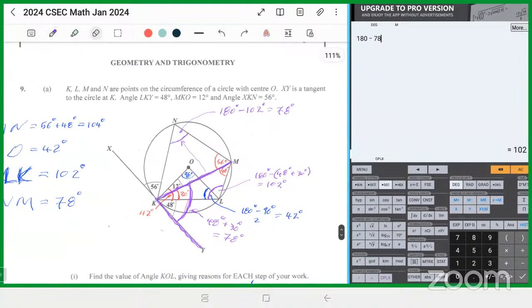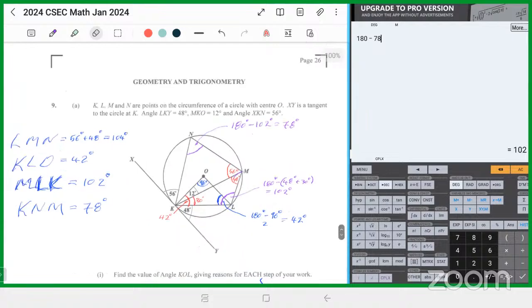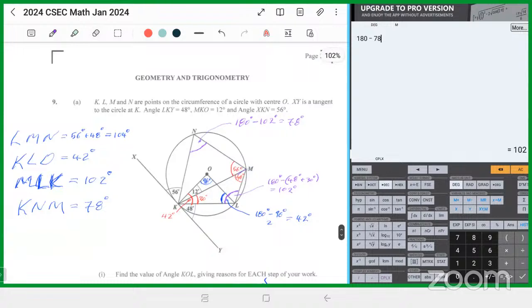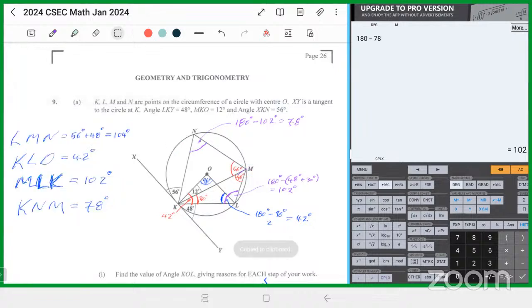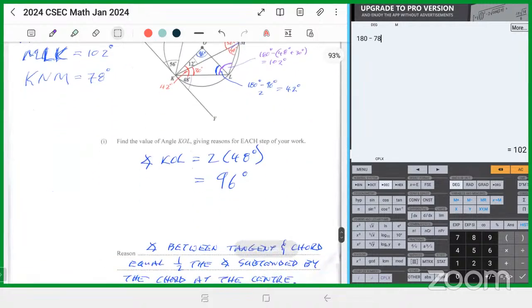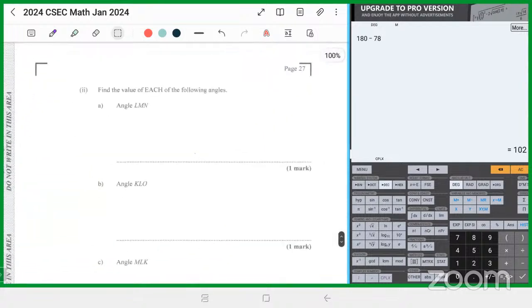All right, so let me take off some of these irrelevant markings and leave it like that. And then copy these answers down and place them where they're supposed to go. But this part didn't ask for answers, you know, so we just needed to show some calculations. They didn't ask for reasons, I should say.